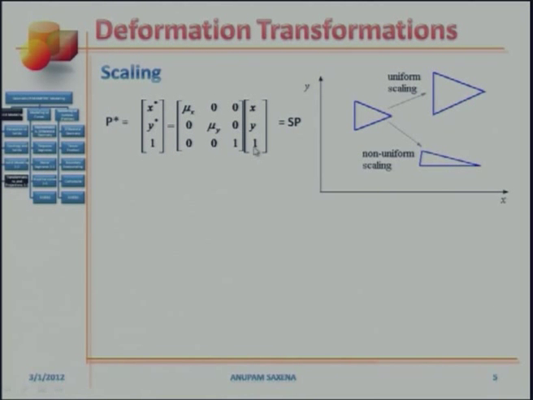Let's say we have a position vector P with coordinates x, y, and 1, and of course these are the homogeneous coordinates. We can scale the x component individually and the y component separately. Mu sub x and mu sub y will be the two scaling factors. So this 3 by 3 matrix represents the scaling operation.